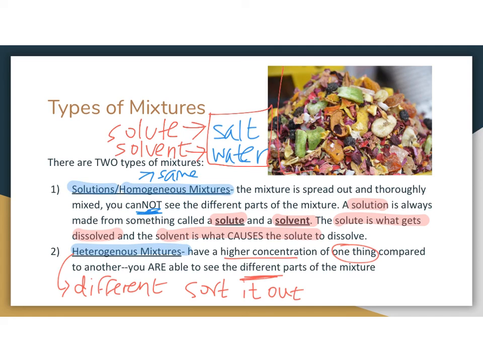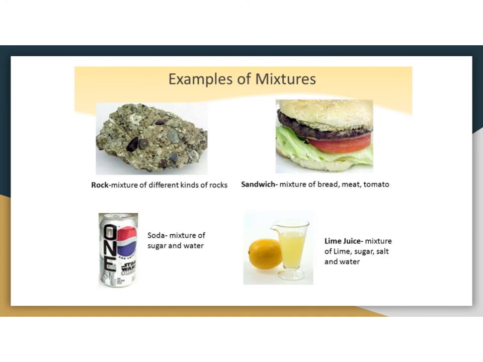So like up here, I have some kind of platter of stuff. You can easily sort out one thing from another here. So this is a heterogeneous mixture. Just to give you a couple of other examples, right? A rock like this, where I can sort out those different parts, that would be a heterogeneous mixture.